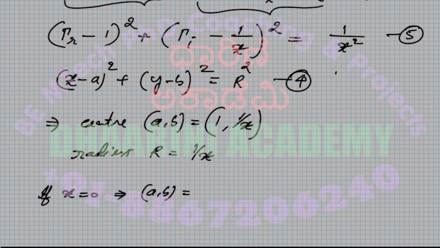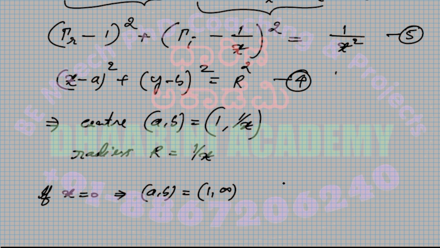Simply put, x equal to 0. The center becomes 1 comma 1 by 0, that is 1 comma infinity. So the center of that particular circle will be on that line, but located at infinity.